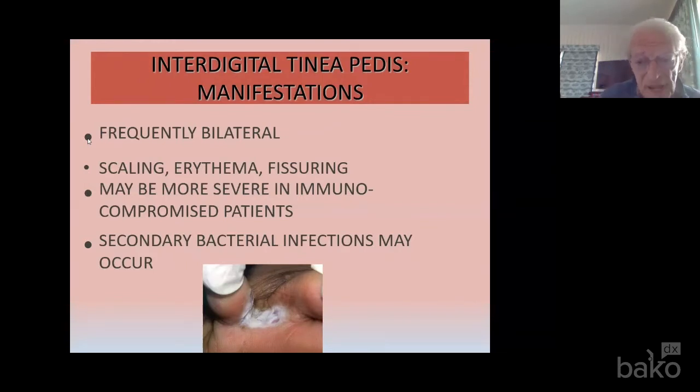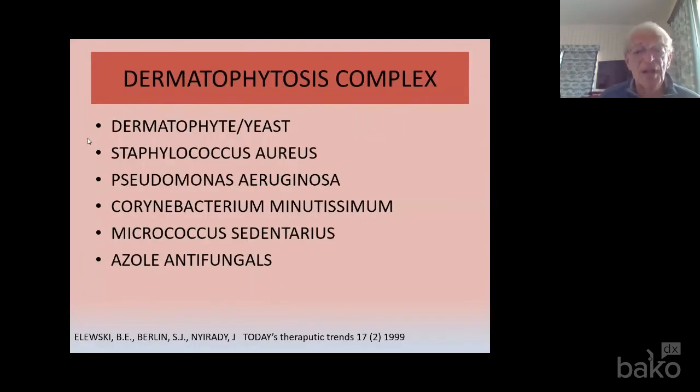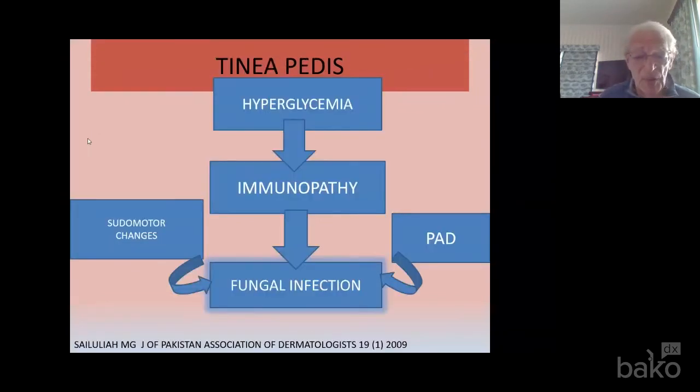Once again, in the diabetic patient, the immunocompromised patient, this could be more common, and you can have dermatophytosis complex where one gets a secondary bacterial infection. Yeast are also common in many of these patients, and once the secondary bacterial infection occurs, they range from gram positives to gram negatives. So that in these circumstances, we need both antifungal as well as antibacterial therapy.